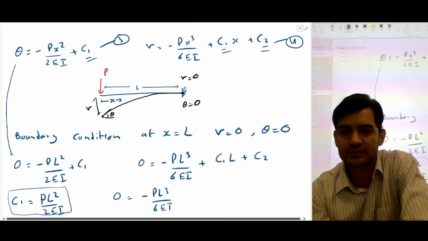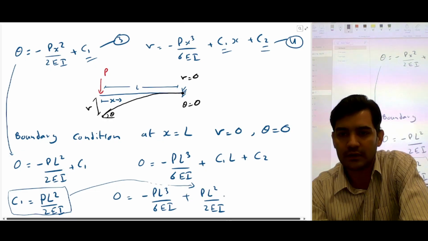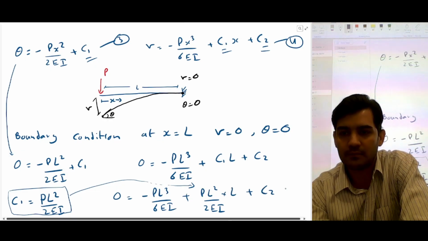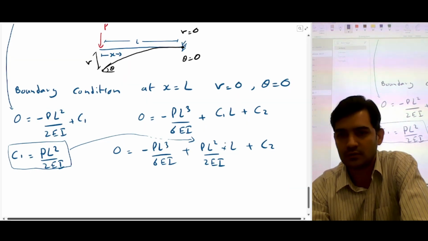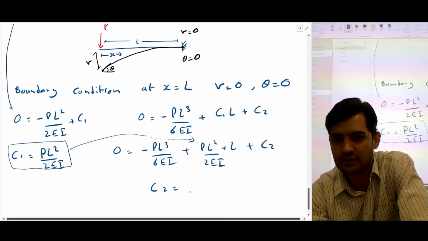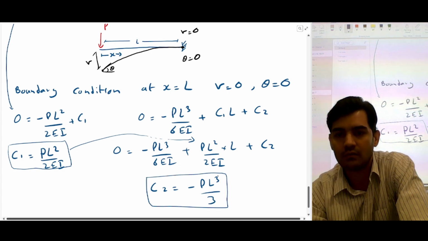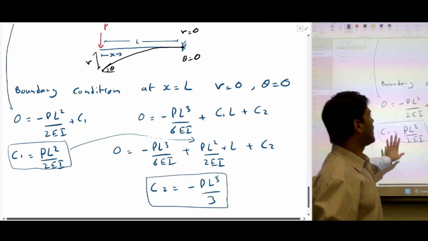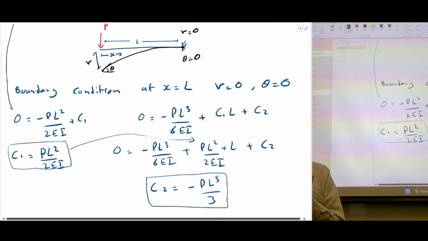PL cube over 6EI plus this C will go here. So it's PL square over 2EI into L plus C2. So if you solve this, you're gonna get C2 negative PL cube over 3. So now we have solved for C1 and C2. So now we have the final equation.